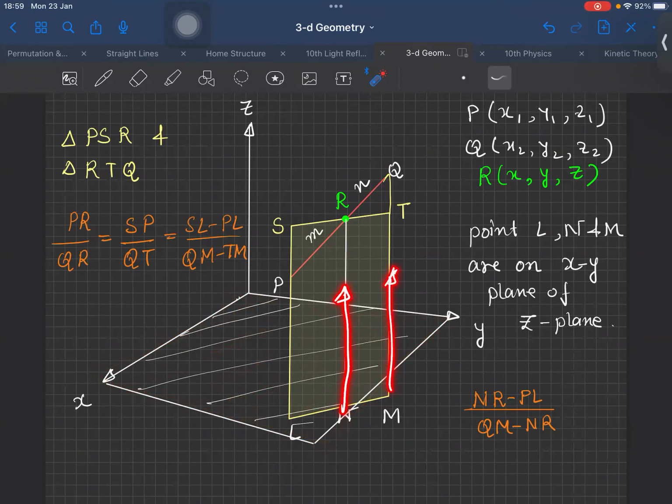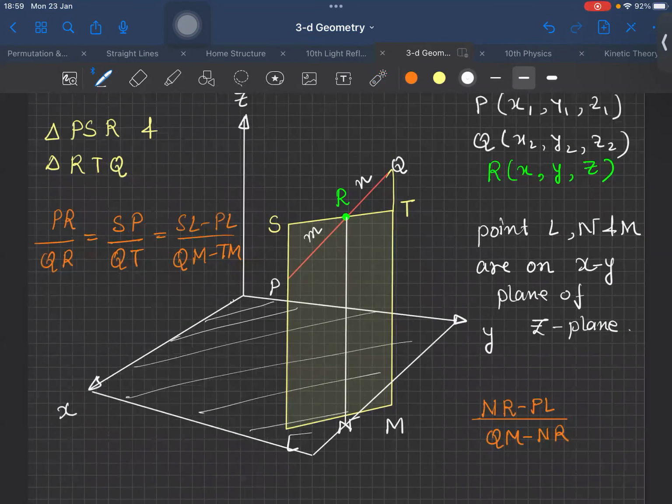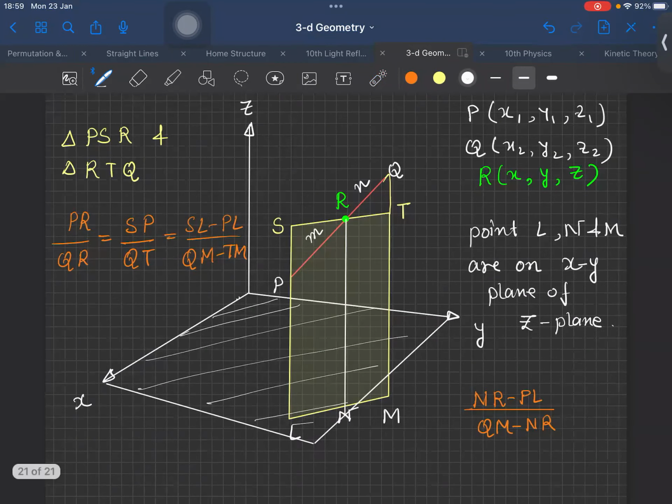This is all the measurement of z in this direction. Understood? So points L, N, and M are on this XY plane. Got it? Now we know the ratio of PR upon QR is m by n.